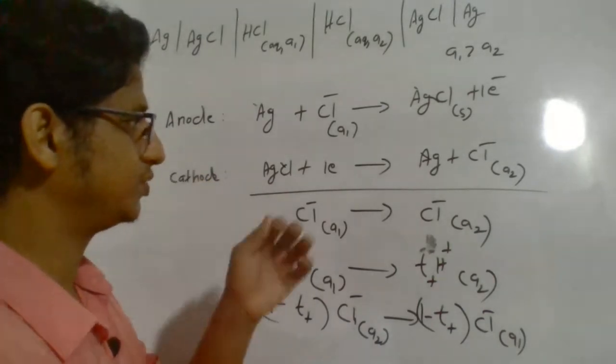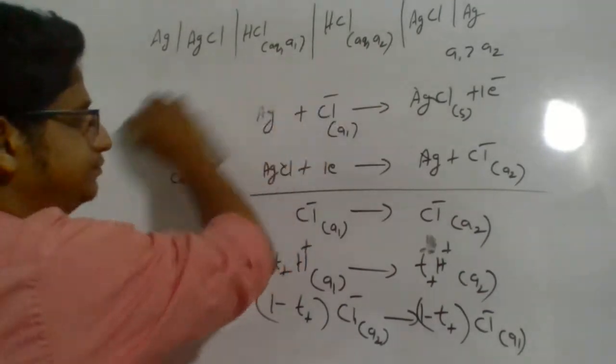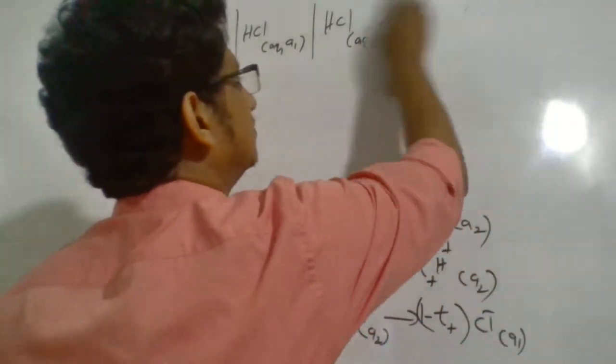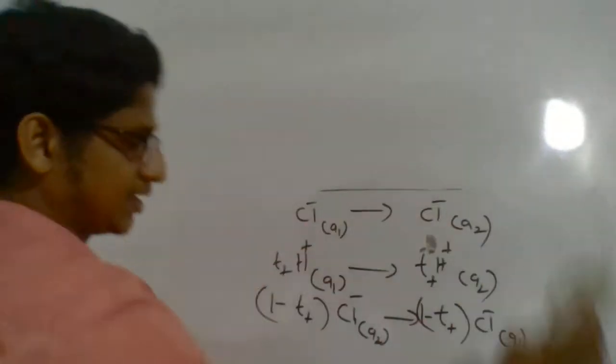Now what you need to do is just sum up everything. You sum the left hand side and right hand side.